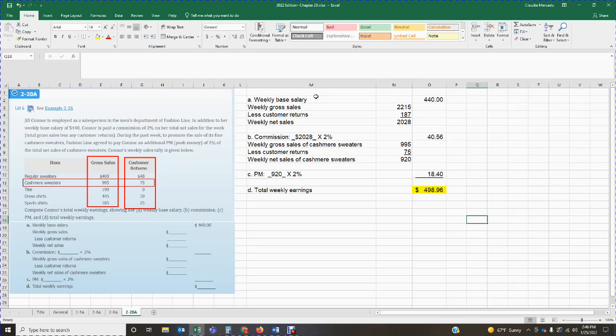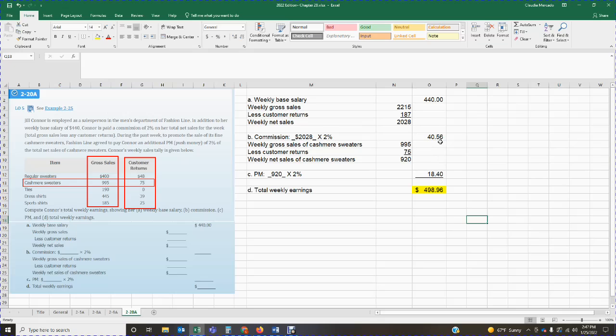So what we did is we got our gross sales, we added all these numbers up and it gave us 2,215. We subtracted our customer returns, we added all of these numbers and it gave us 187. So my weekly net sales is 2,028. Once I've calculated my weekly net sales, I plug that in over here. I'm going to get my 2,028 times my 2% commission.